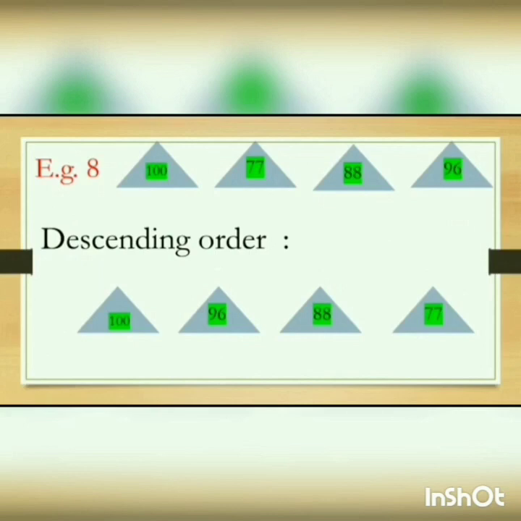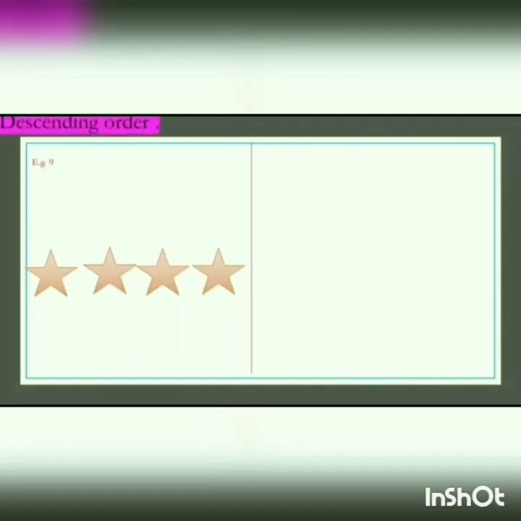Let's arrange in descending order: 100, 96, 88, 77. Very good. From biggest to smallest. In descending order, we arrange the numbers from biggest to smallest.